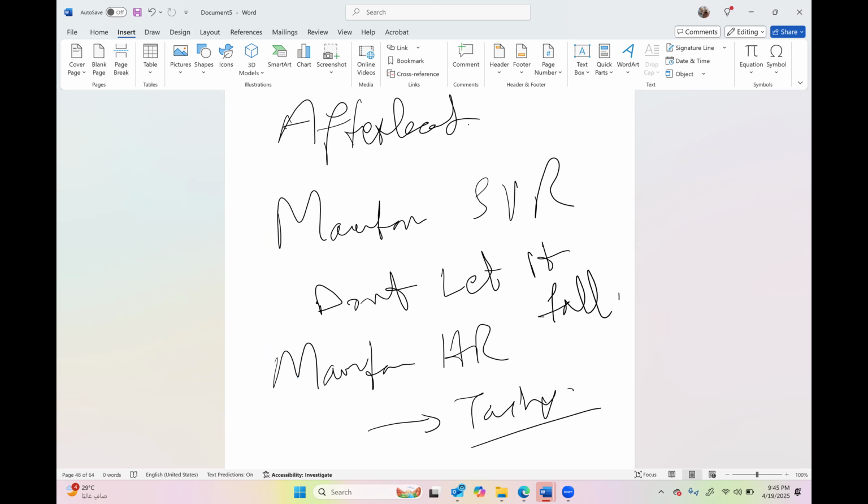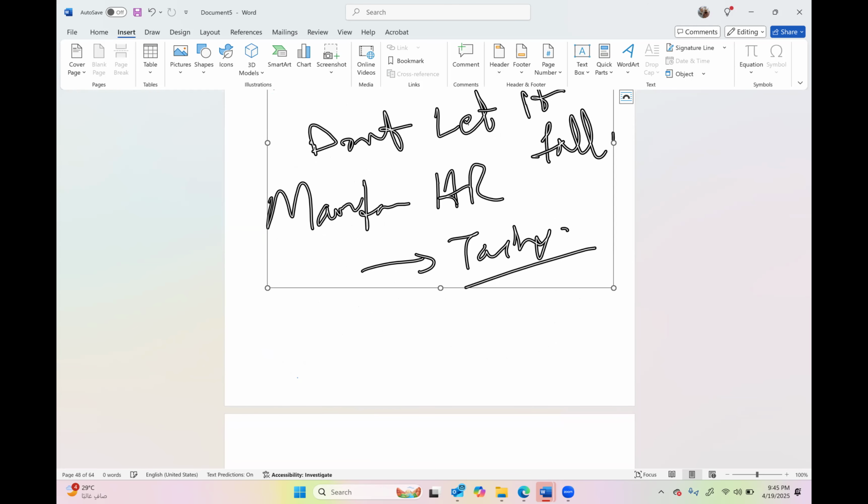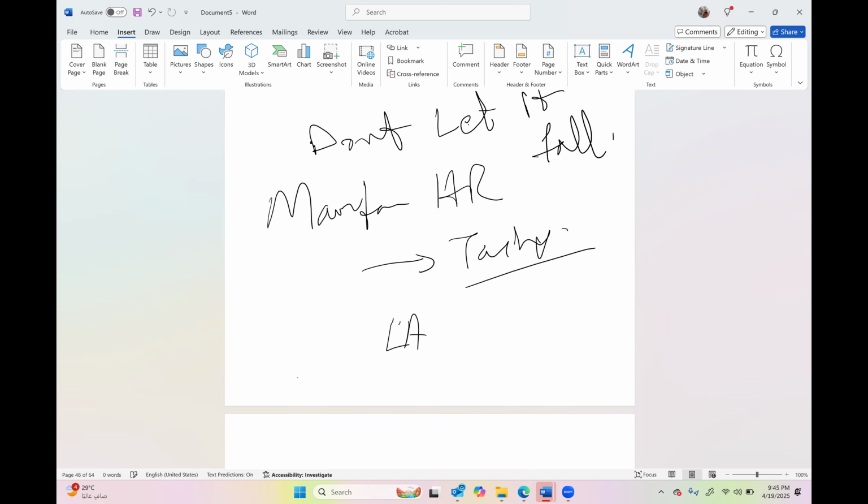Because if you increase the afterload, again the heart will collapse. They have to maintain the SVR so that cardiac output is maintained. If SVR is decreased, there is decreased venous return. The door between the left atrium and left ventricle is closed, so hardly any blood is going, very slowly.